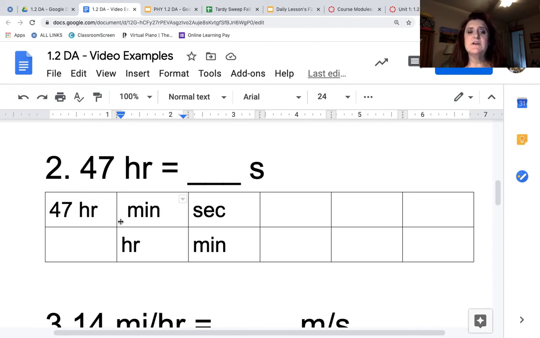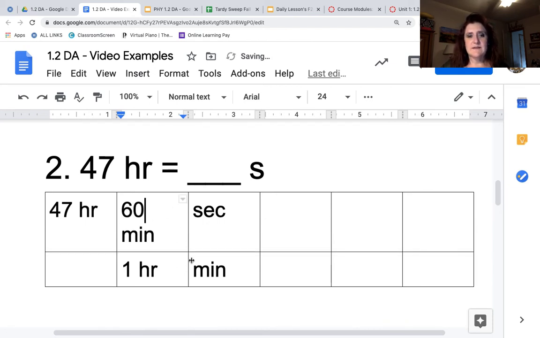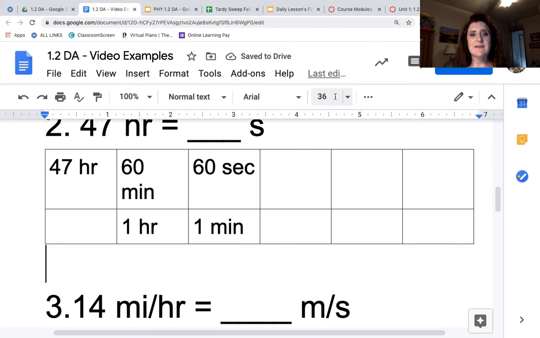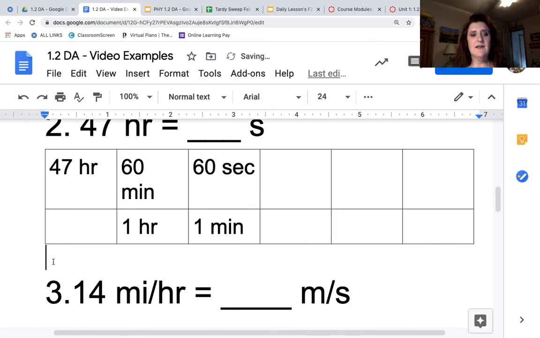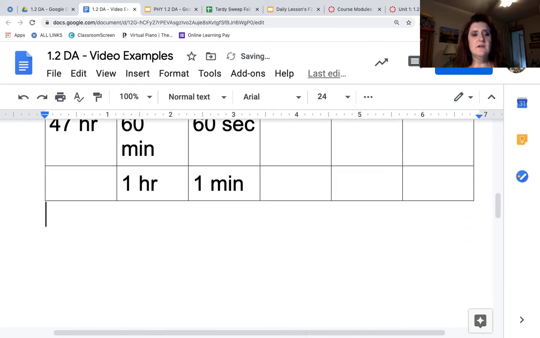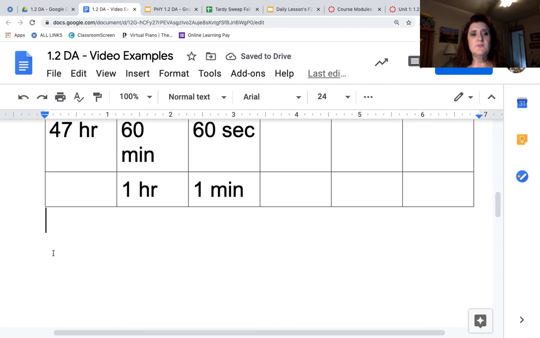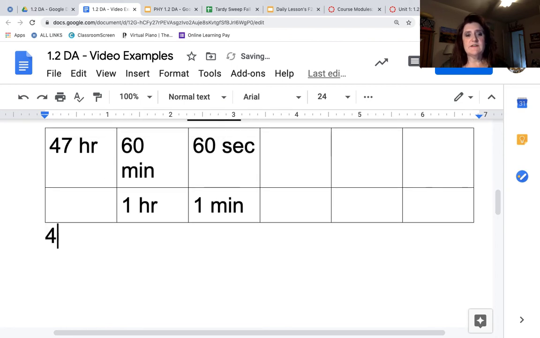Then you put in your number equivalents. 1 hour is 60 minutes. 1 minute is 60 seconds. And then mathematically, you would multiply across the top 47 times 60 times 60.